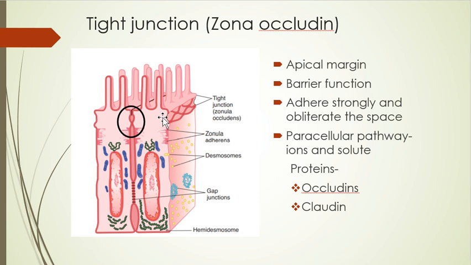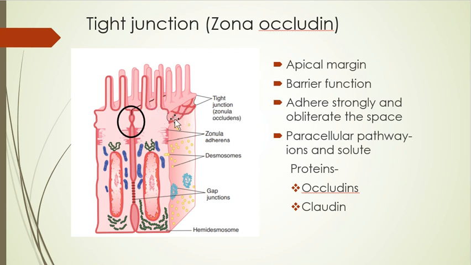There are lots of physical barriers which we count in innate immunity, and those physical barriers are because of tight junctions only. Because if the cells are not connected tightly with each other, it will not act as a barrier. So the basic barrier function is played by tight junction proteins.